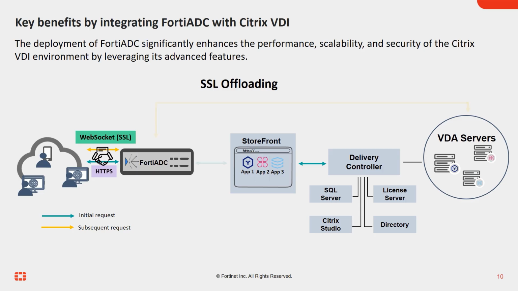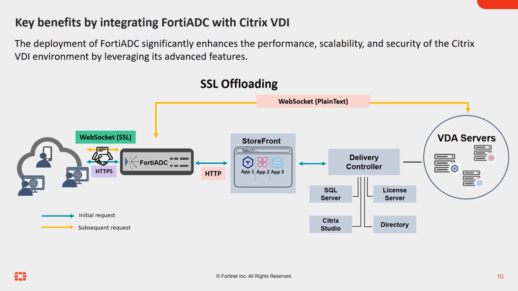When establishing connections with back-end systems, FortiADC can communicate in plaintext, for example, HTTP, as the traffic remains within a secure internal network. This offloads the computational burden of SSL encryption and decryption from the back-end servers, allowing them to focus on handling user requests and delivering application resources more efficiently.